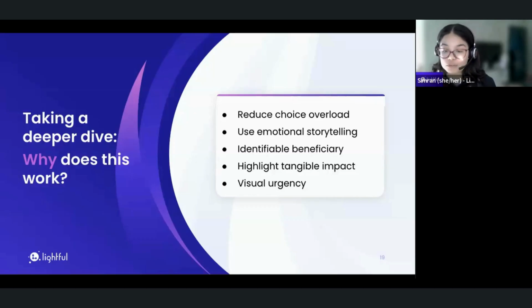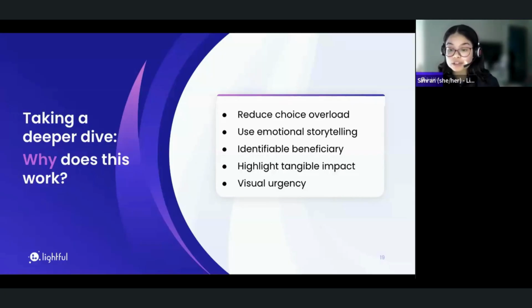And then we have the visual storytelling. The image of the child reaching up is a form of narrative transportation. Viewers can imagine the story and place themselves in it. When people are emotionally engaged in a narrative, they are more likely to act. And then I have my most favorite fact: showing a single identifiable child is especially powerful because this taps into the identifiable, I wouldn't say victim, but beneficiary effect.